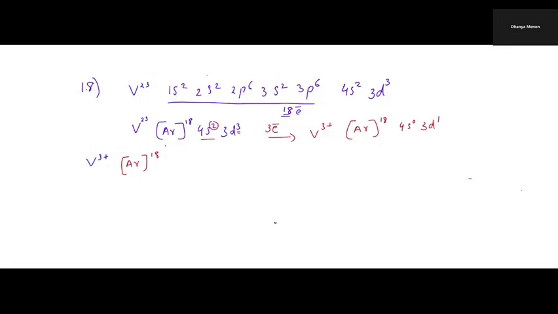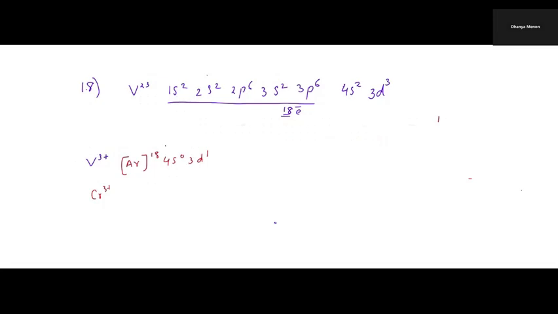For 4s0, 3d1. Okay, students, I'm referring to the configuration over here so that it's easy for you. Similarly, for chromium. I'll just rub this off and show for chromium. Chromium, the atomic number mentioned is 24.